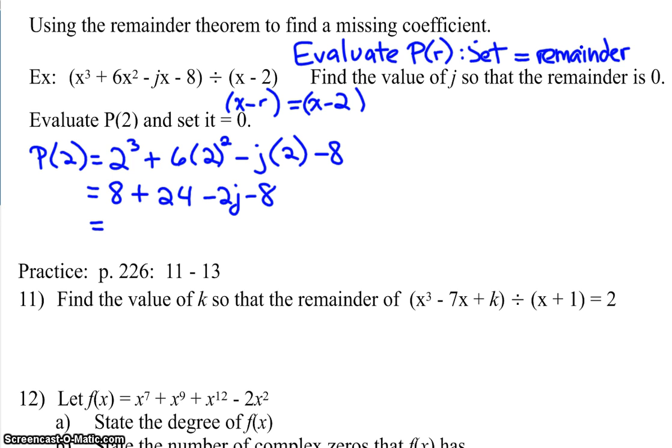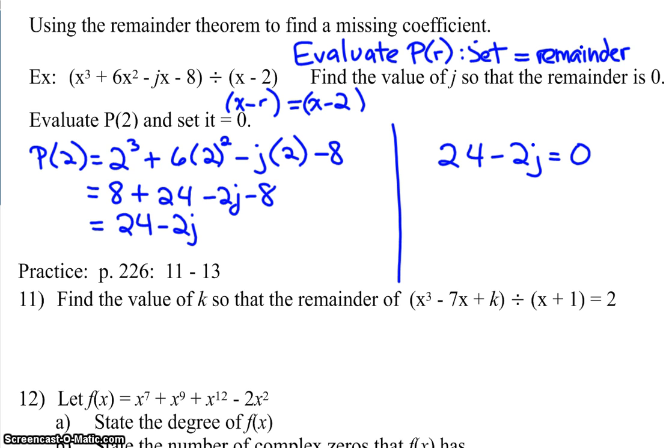So I get 24 minus 2j. That's p of 2. Now I want to set p of 2 equal to 0 because that's the remainder we were looking for. So completing it, 24 minus 2j equals 0. So 24 equals 2j, and j equaled 12.